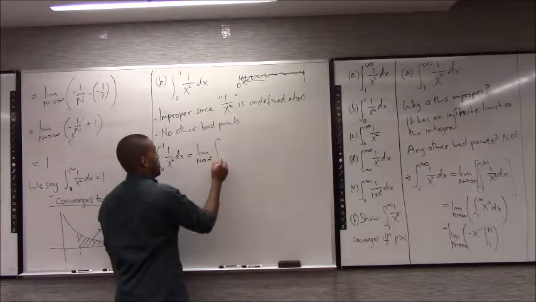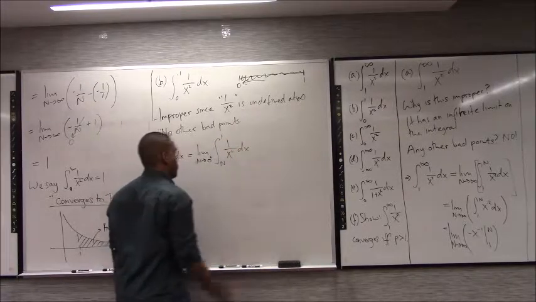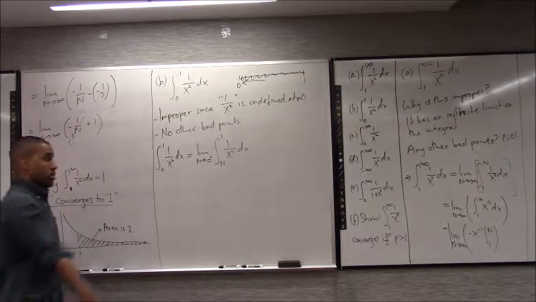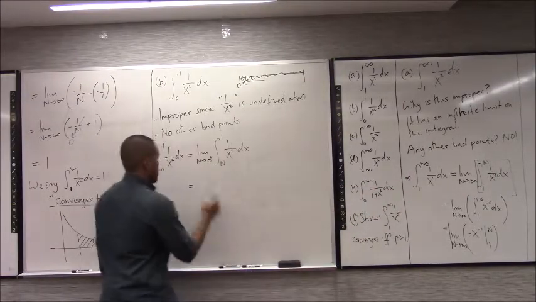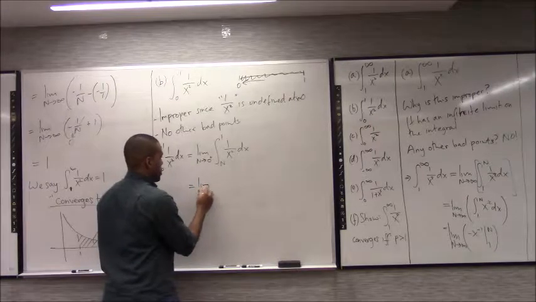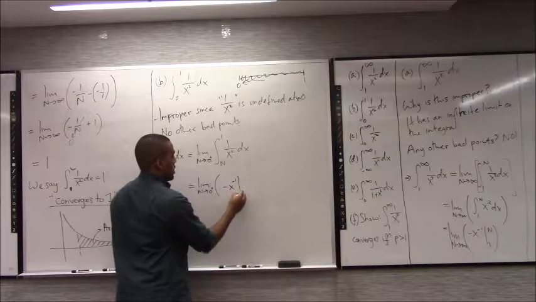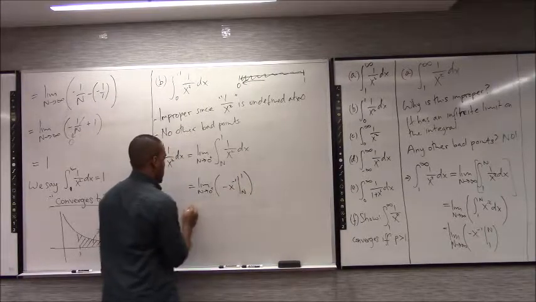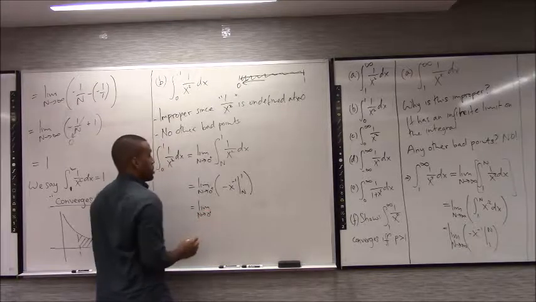Of n to 1 of 1 over x squared dx. The same thing would have happened. Again, I consider it as a usual limit: the limit as n approaches 0 from the right of this guy from n up to 1.